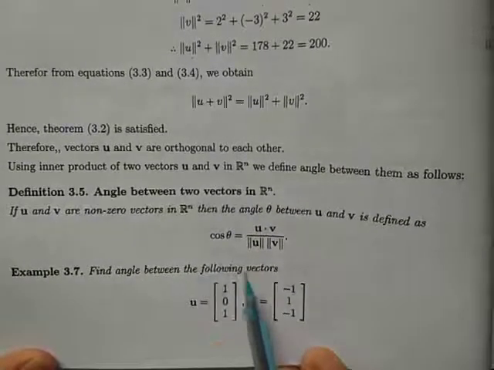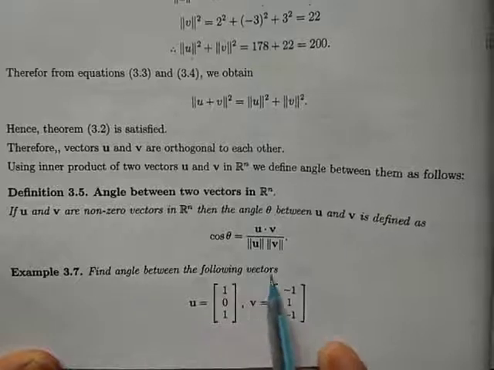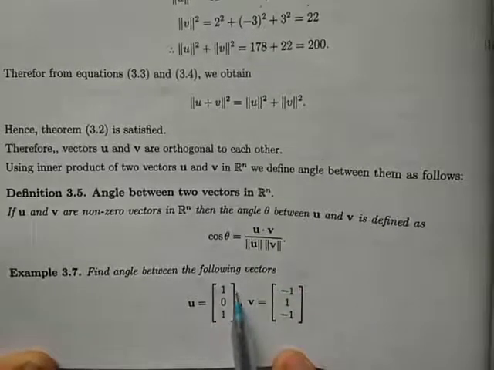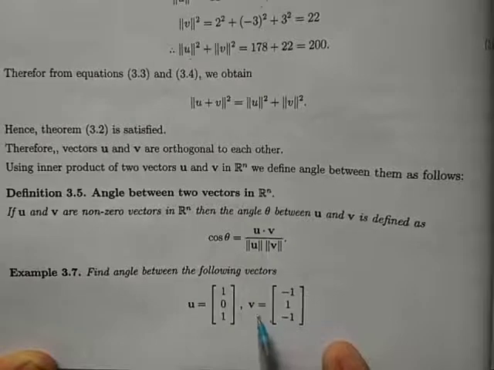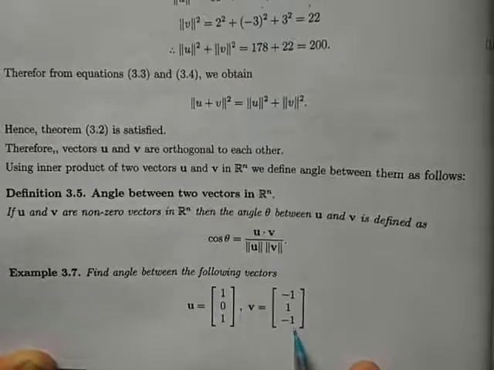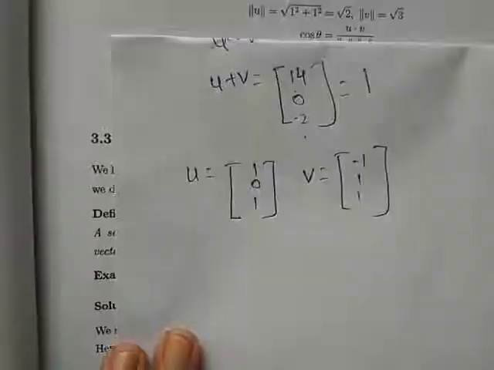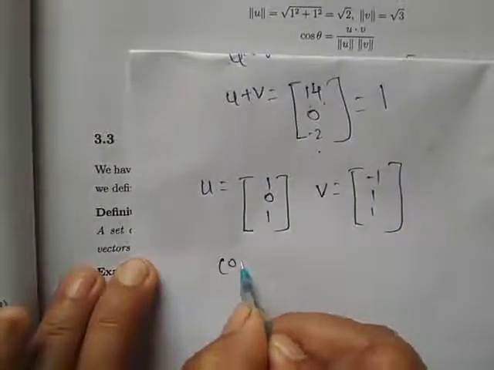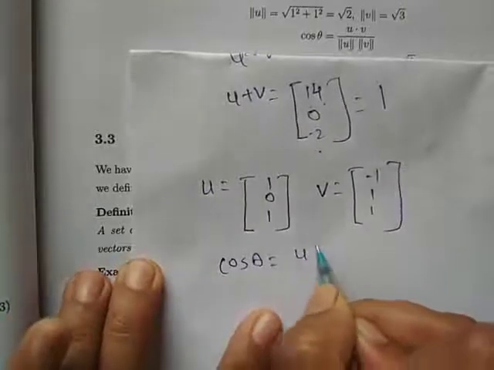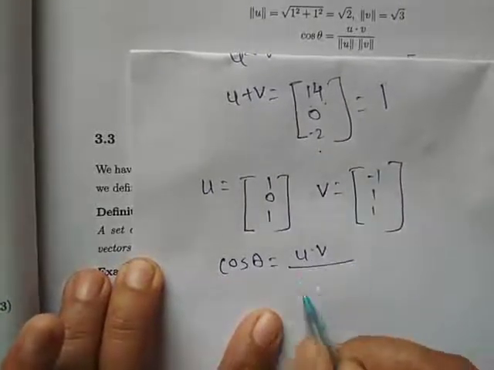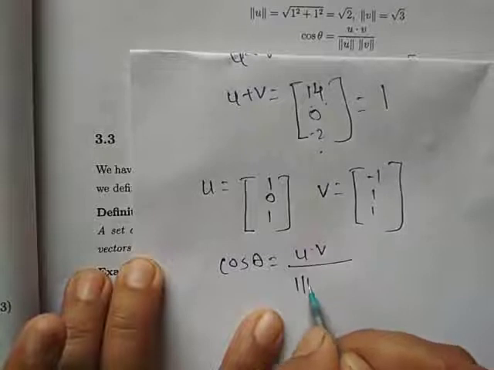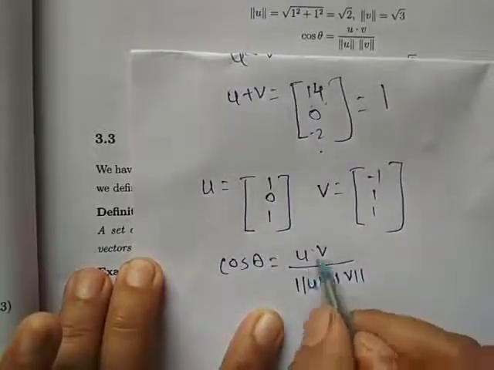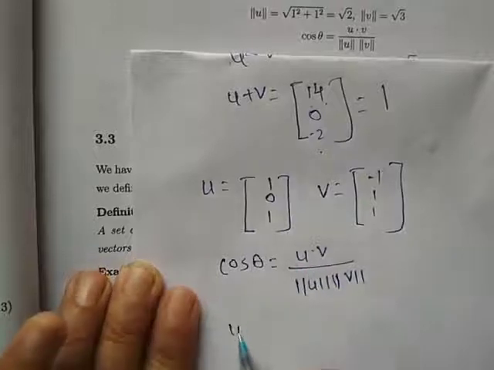Here we have to find the angle between the following vectors. u is the vector 1, 0, 1 and v is the vector minus 1, 1, minus 1. The formula for this is cos theta is equal to u dot v upon norm u into norm v. So first of all we have to find u dot v.